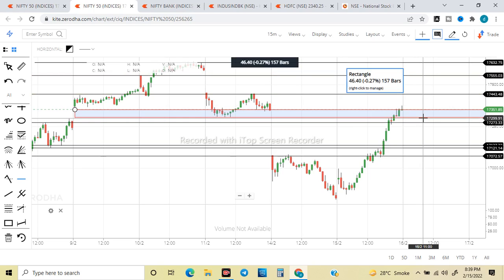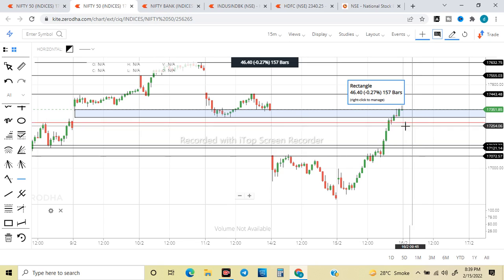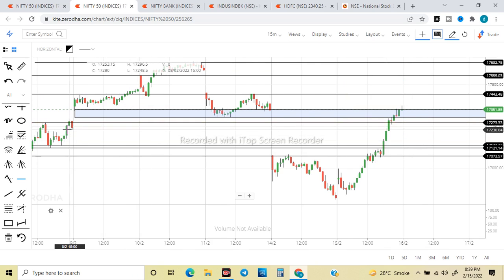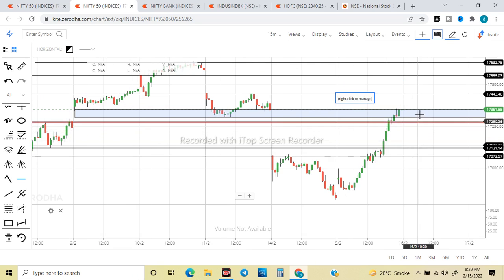So Nifty will only get weak below 17250, this area. It might retest 17275 to 80, but if any gap up with sustain above 17375 in 15 minutes time frame, we would possibly see 100 to 150 points more on Nifty.